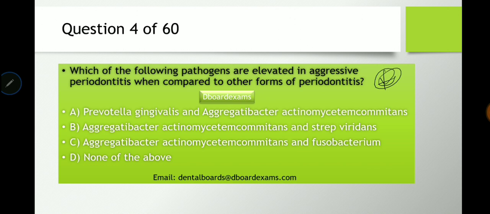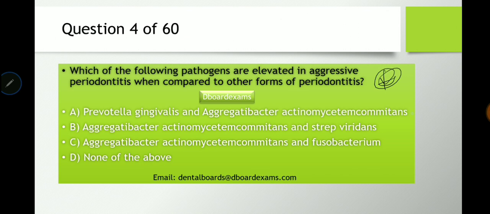Is it Prevotella gingivalis and Aggregatibacter actinomycetemcomitans, or is it Aggregatibacter actinomycetemcomitans and Strep viridans, or is it Aggregatibacter actinomycetemcomitans and Fusobacteria, or none of the above?